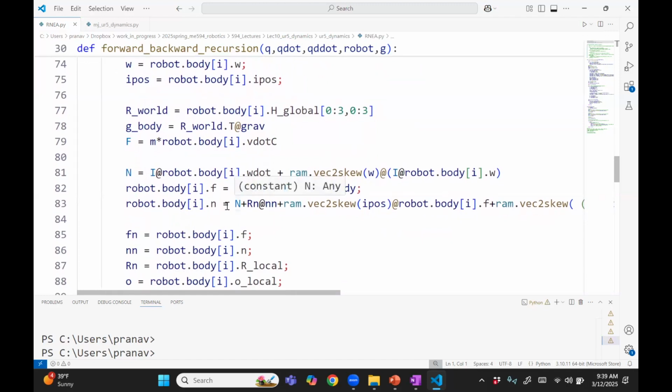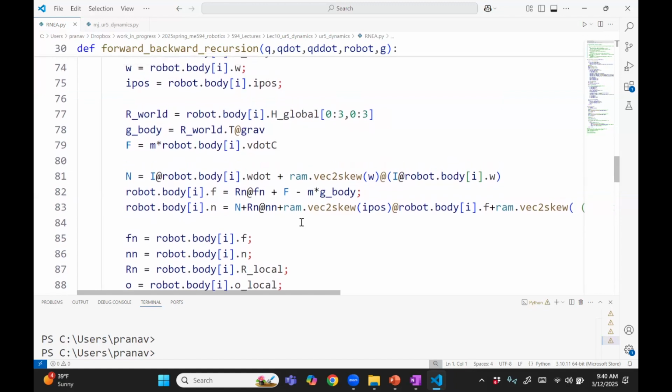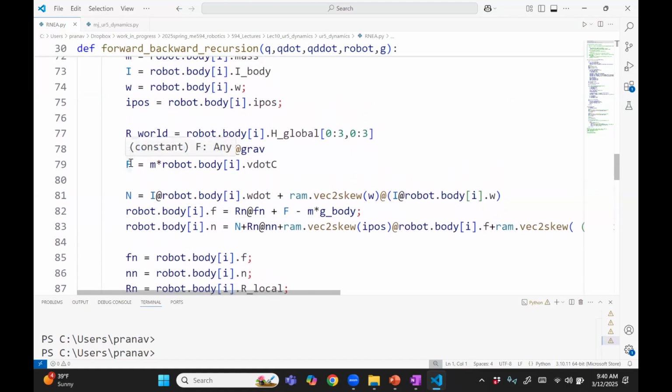Uppercase F is the inertial force, which depends on the mass, and uppercase N depends on the angular velocity, angular acceleration, and the inertia.